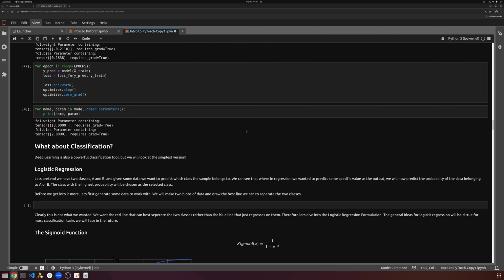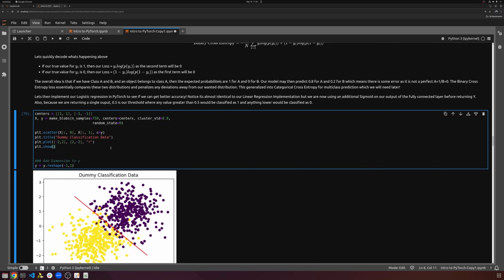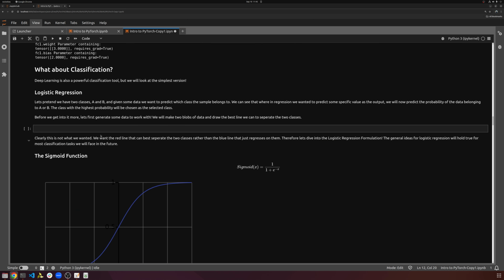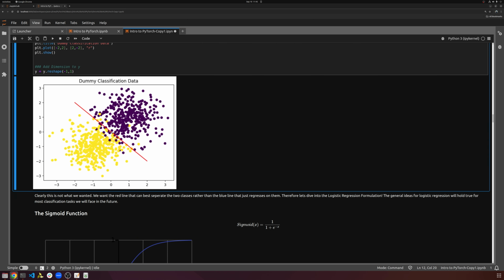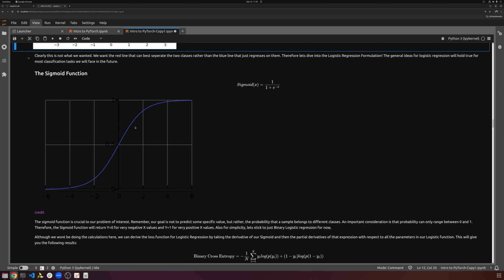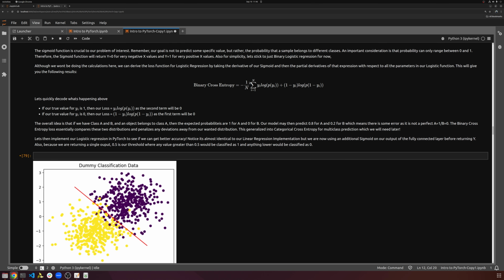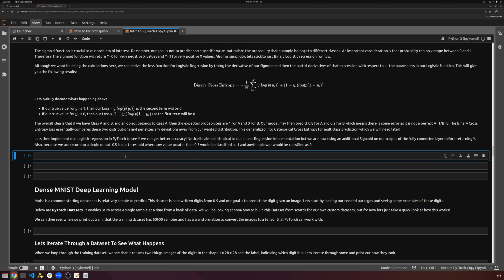So I think I copied this in the wrong place. So let's put it up here. I guess you can't see this, it's dark mode, but we already drew the sigmoid function and went over all this, so no big deal. Now let's go ahead and do exactly what we did before.